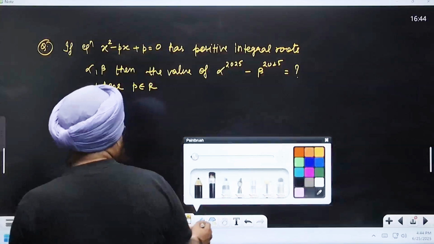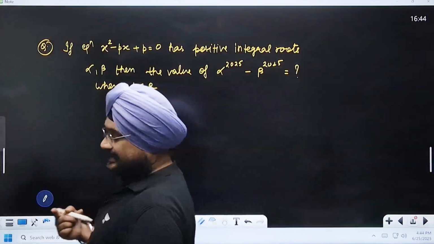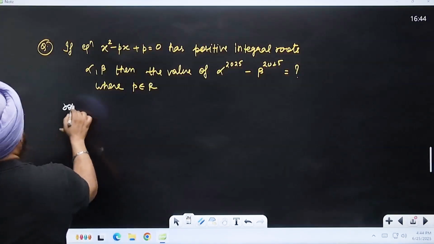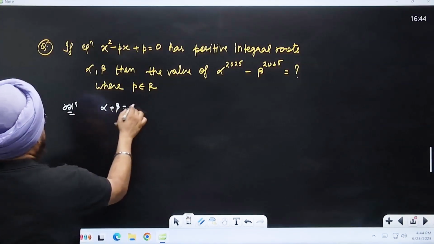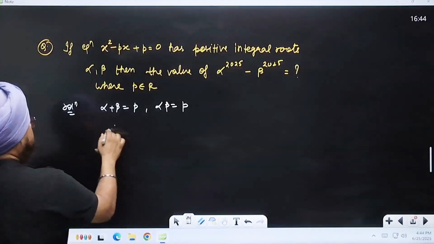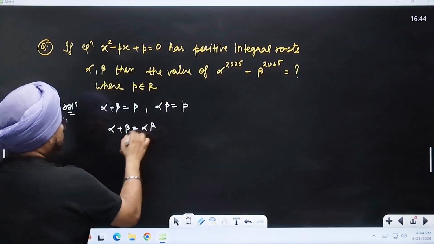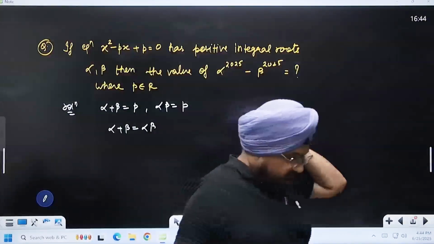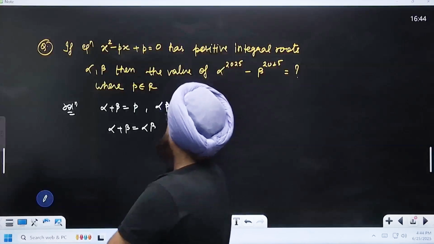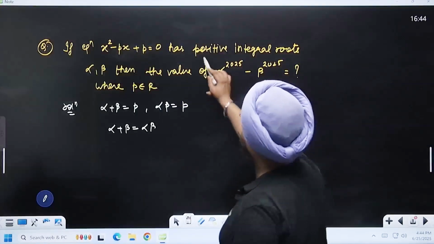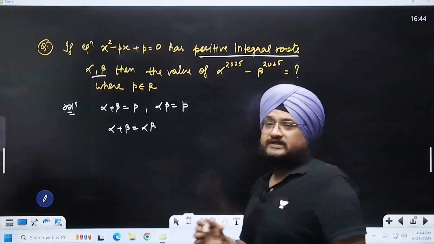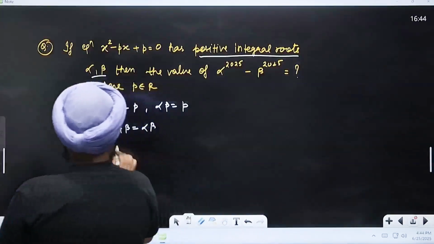From this question, from the quadratic equation, we can say that if alpha and beta are the roots, the sum of roots is equal to p, and the product of roots is also equal to p. So we can say that alpha plus beta is equal to alpha beta. We have discovered a relation between alpha and beta, and from this equation and the knowledge that alpha and beta are positive integers, we can simply solve it.